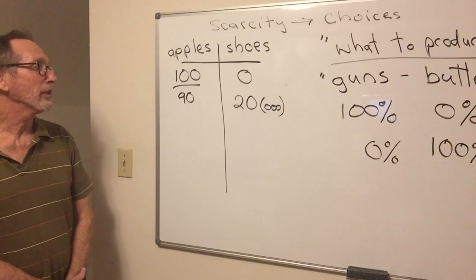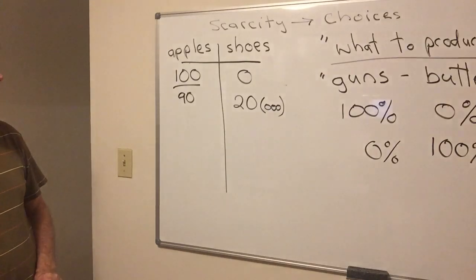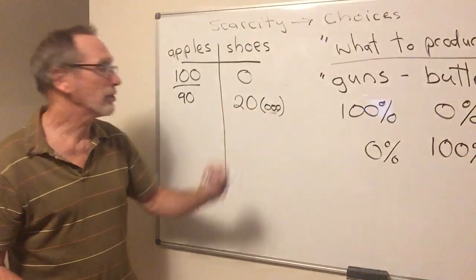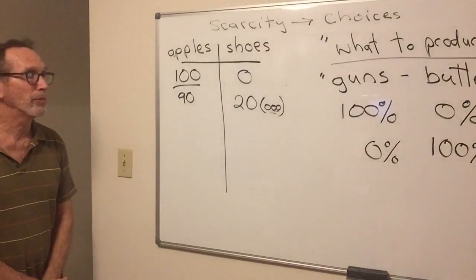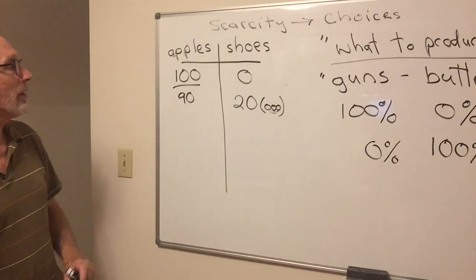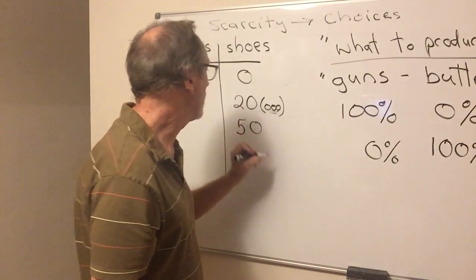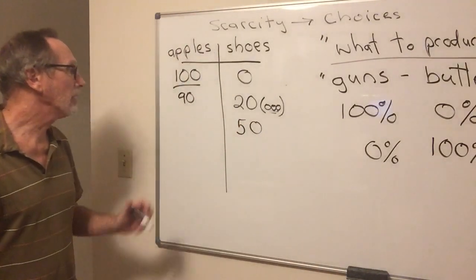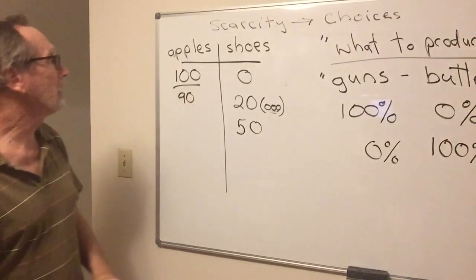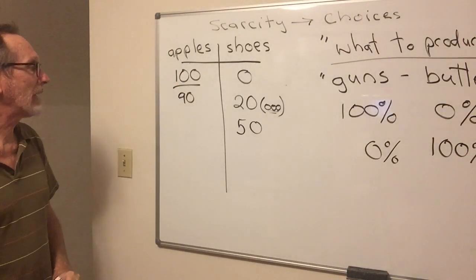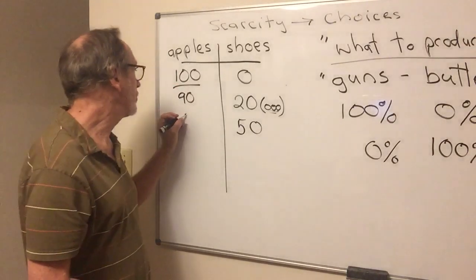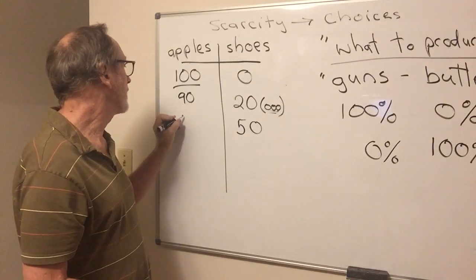And again, remember all of these are units, not percentages. I started with percentages, but. So let's say we want more shoes. Okay, let's make 50 units of shoes, and that's going to cut into our ability to grow and produce apples. So that might go down to a low number like 60, right?